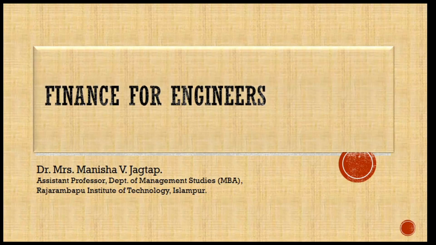Next, we discussed the cost of capital. We tried to understand the concept of cost of capital. There we discussed that the cost of capital is nothing but the rate of return that an organization has to pay to satisfy the people who are investing their money into the business. They are nothing but the providers of funds to the business.